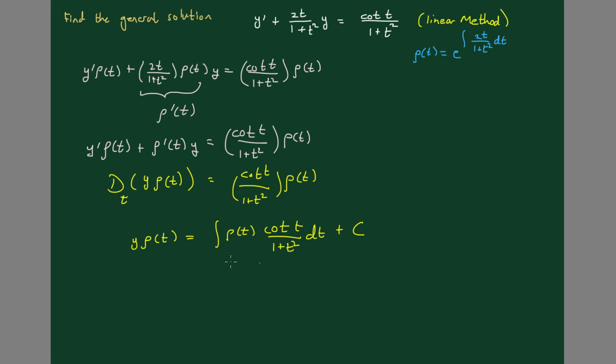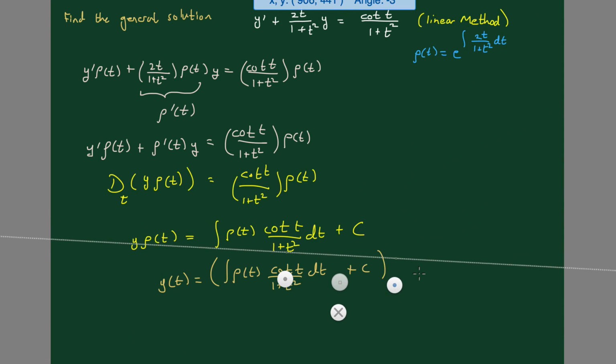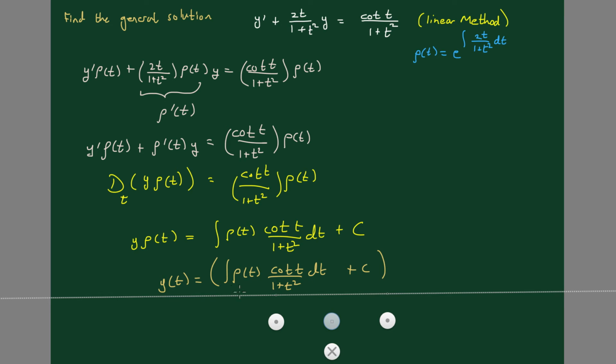So we can write y of t is equal to the integral of rho of t times cotangent of t divided by 1 plus t squared times dt plus c, and all of this is going to be divided by rho of t.